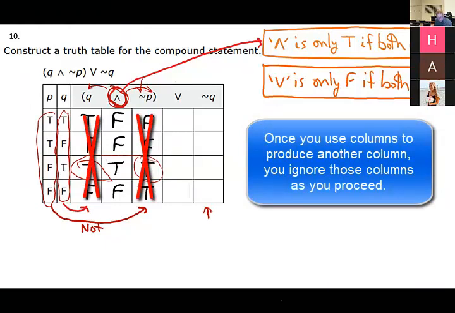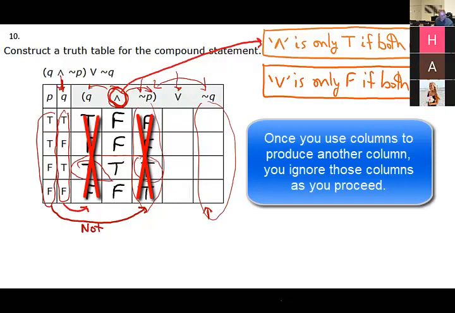Now notice, in order to do a symbol, like I can't do this or yet because you've got to have something on both sides of it to do it. Well, I have something on the left side of the or, but I don't have anything yet on the right side of the or. So you have to get that right side filled in first before you can do the symbol. But that last column is a not Q. So you can go back over here and look at the Q column and just change them all to the opposite.